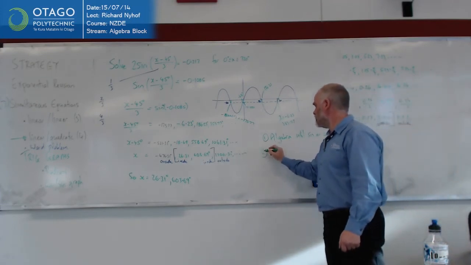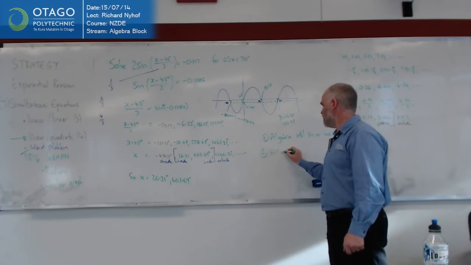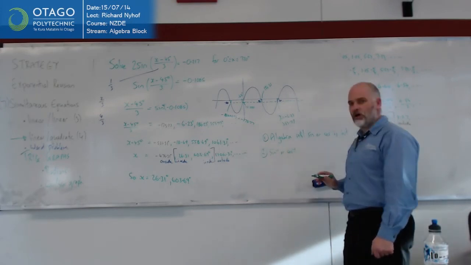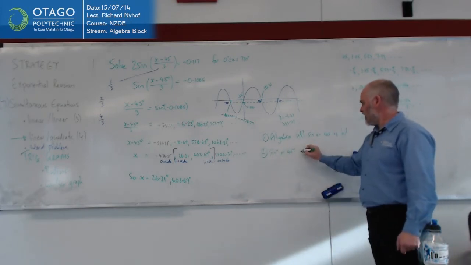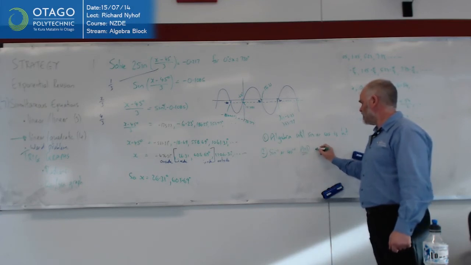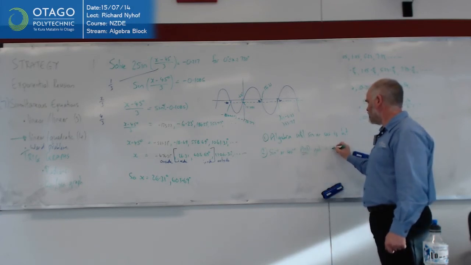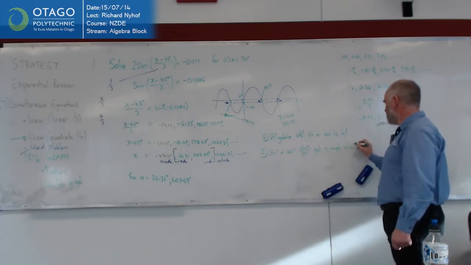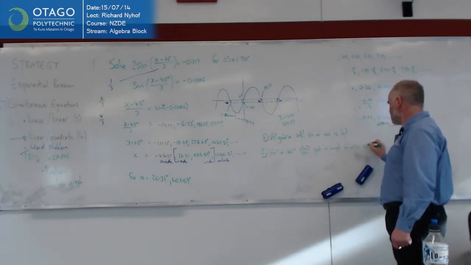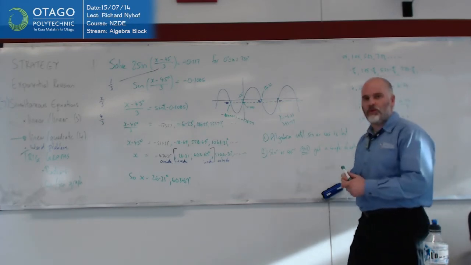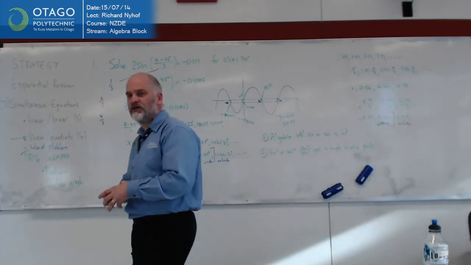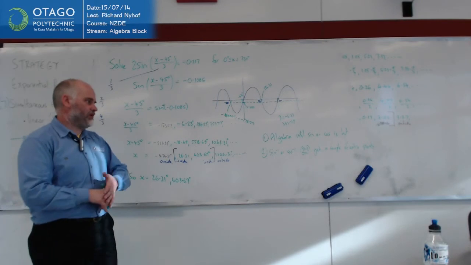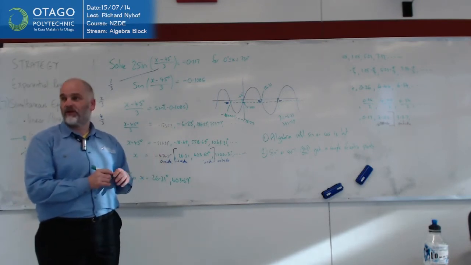Step 2, sine inverse or cosine inverse, and get a couple of extra points. Yep, so when you do the sine or the cosine inverse, that's when you need to get the extra points, and that's where you need to draw the wee graph.